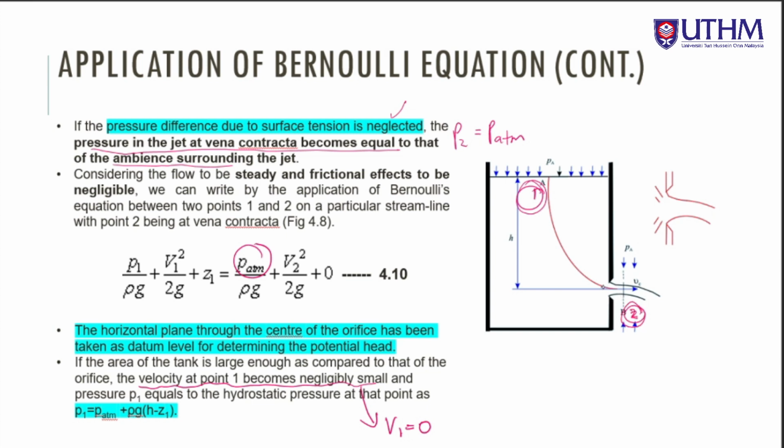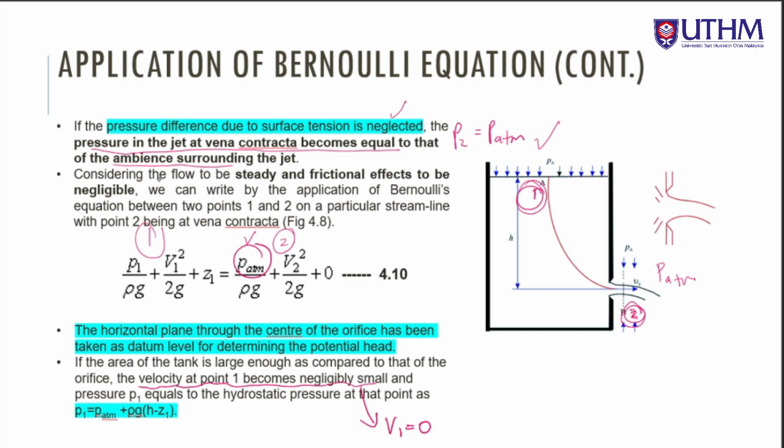So it says, if the pressure difference due to the surface tension is neglected, the pressure in the jet, meaning down here, outside, becomes equal to the ambient surrounding the jet. So here it will be atmospheric pressure. That is why P2 becomes atmospheric pressure, and that is why, based on Bernoulli, between point 1 and point 2, we replace P2 by atmospheric pressure.